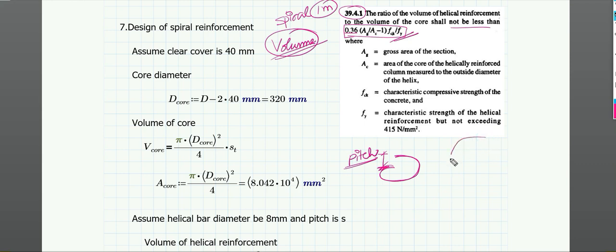And if you see from the top, say this is the column, and we have the longitudinal reinforcements here, and this is the stirrup or helical reinforcement all around the longitudinal reinforcement. This is the helical reinforcement.